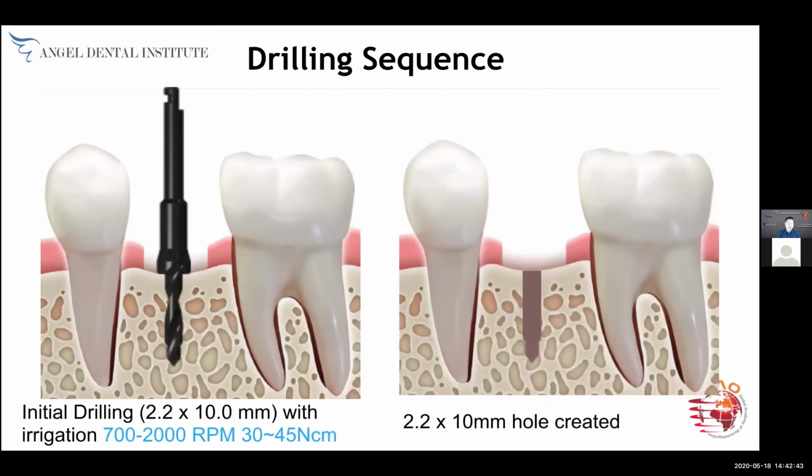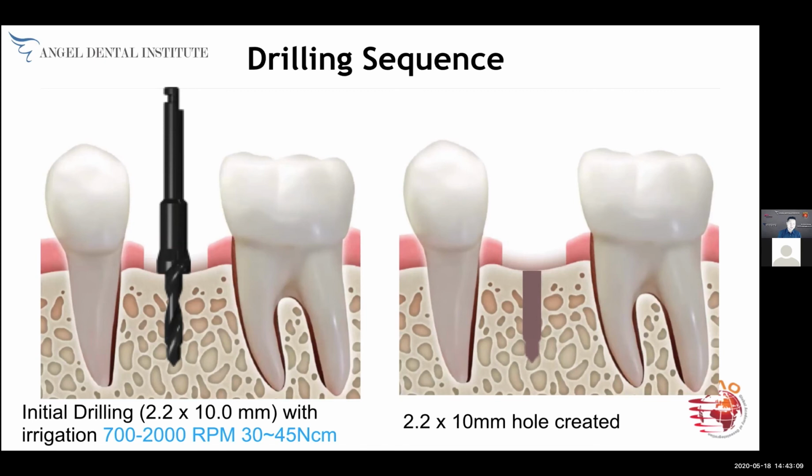And then after that, you go to the 2.2 initial drill, 2.2 by 10, because we're looking to put in a 10 millimeter implant. So we're gonna go to depth of 10 millimeter with the initial drill. And this is done with irrigation anywhere from 700 to 2000. I'd like to keep it in a high RPM because I have better control at a higher RPM than a slower RPM.